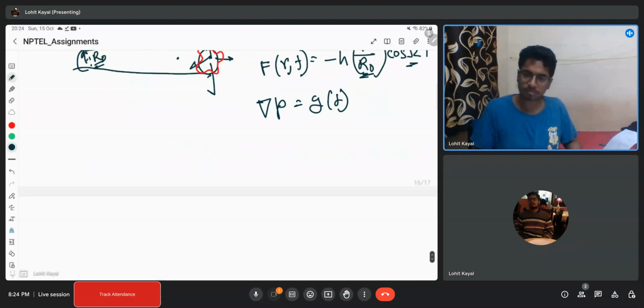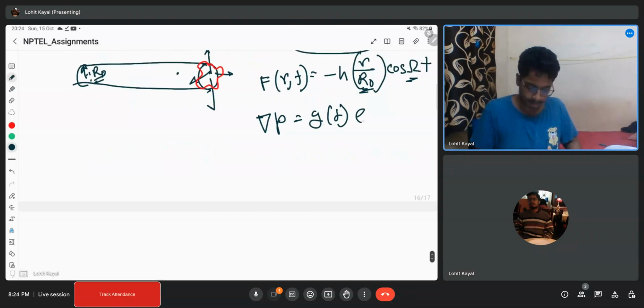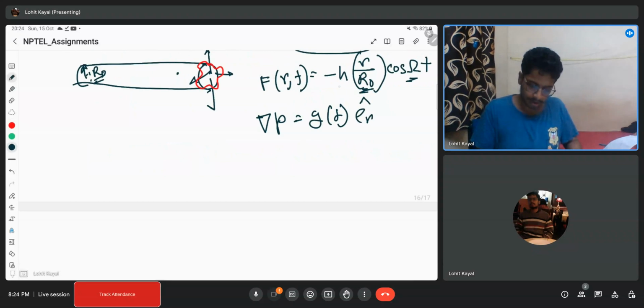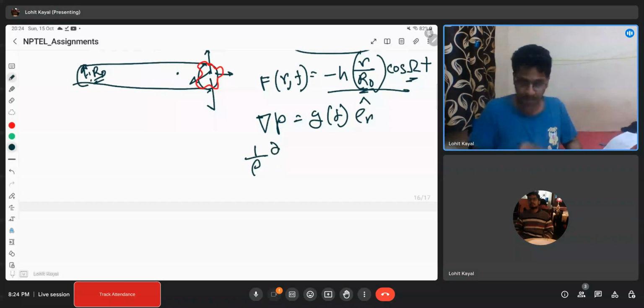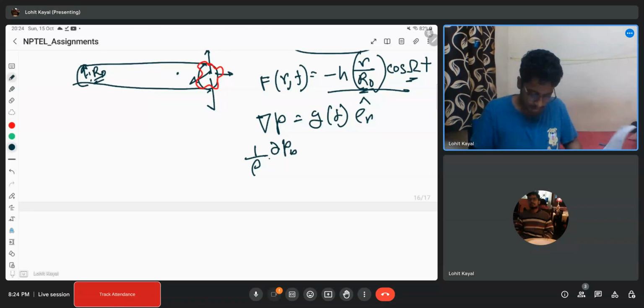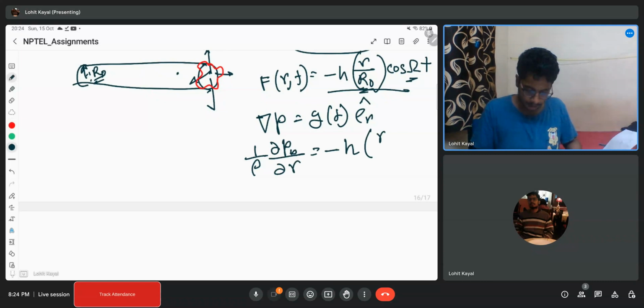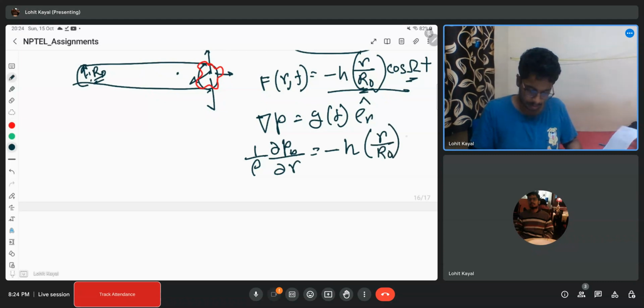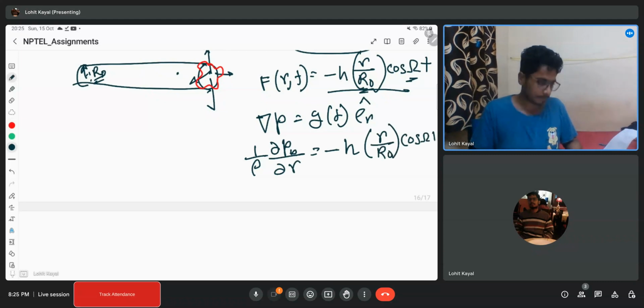We are only interested in the radial direction. So 1 by rho, then in the base state it will be only del pb del r equal to minus h r by r naught cos omega t.